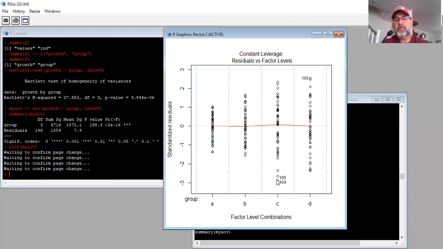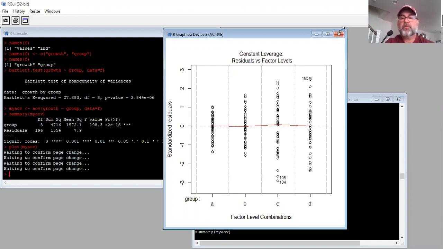And then some of these points, in my case, 105 and 104, look like they might be extreme points, as well as 165. So the question is, what do you do with those? Since I created these data, I know these are good data, and so I leave them in, but if this was your study, I might go back and make sure that these are legitimate points, okay?